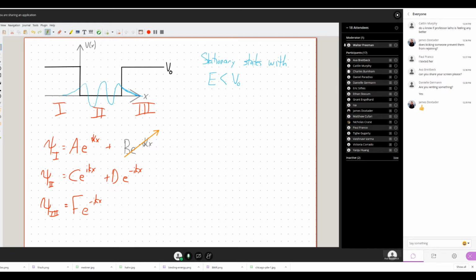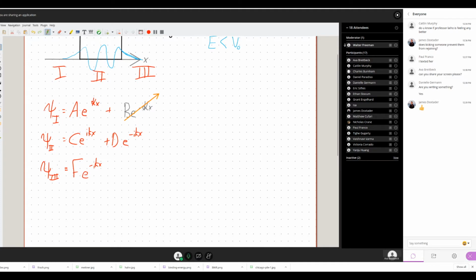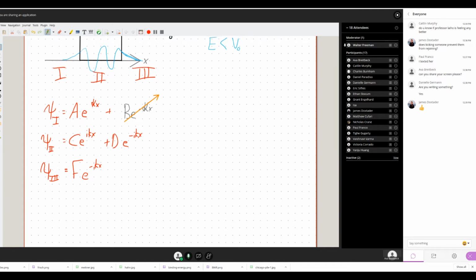So now we have 5 unknowns. These aren't constraints, they are what our wave function is: the constants A, C, D, and F, and the allowed energies.